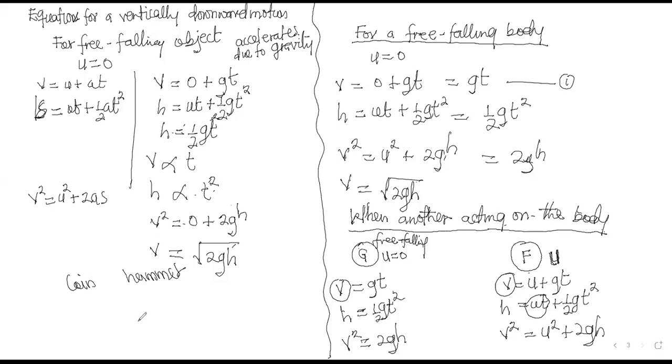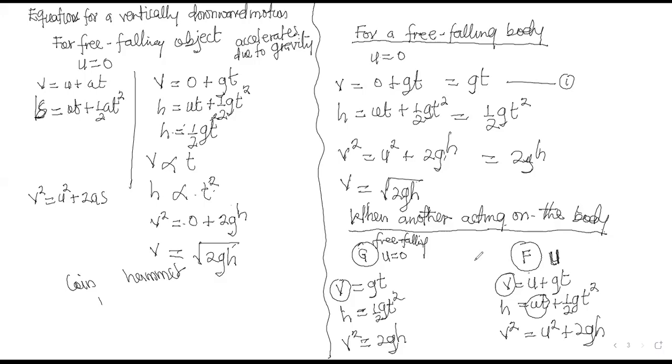Because air resistance was neglected, he observed that they all dropped at the same time. So when air resistance and all other forces are not there, they must all drop at the same time, irrespective of the mass or the weight. That is for free-falling bodies. But if one is given a force and the other one is not, no.